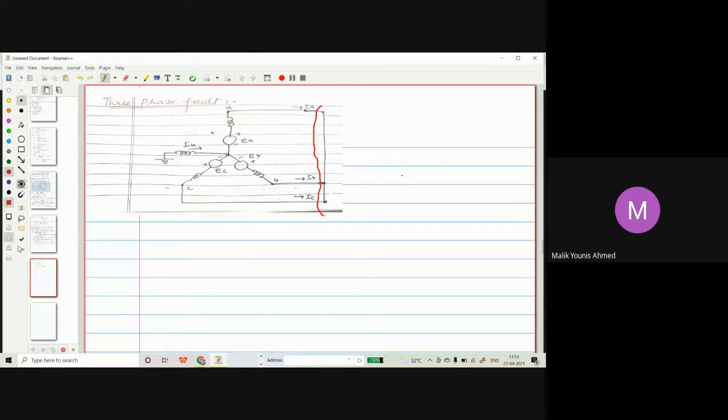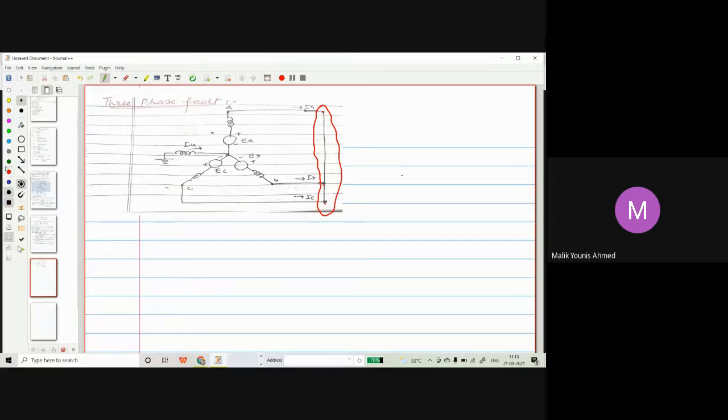If the voltage here is VA, that should be equal to the other phases also, or not? Yes, sir. The voltage will be the same. At this point there is no impedance in between. So whatever the voltage is here, the same will be here, the same will be here. So that is one condition.